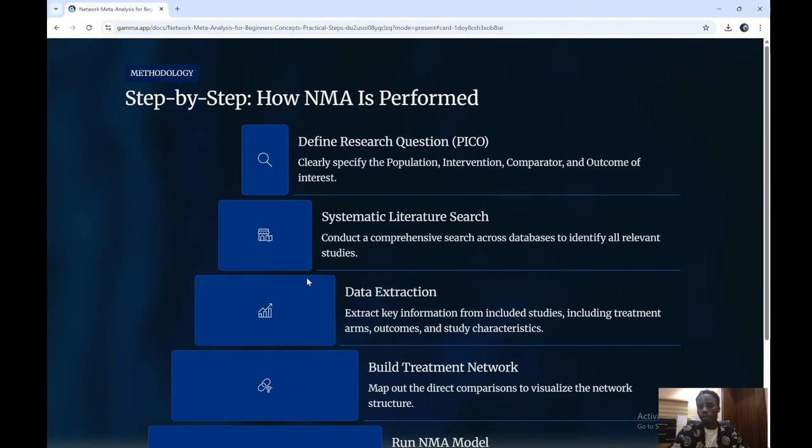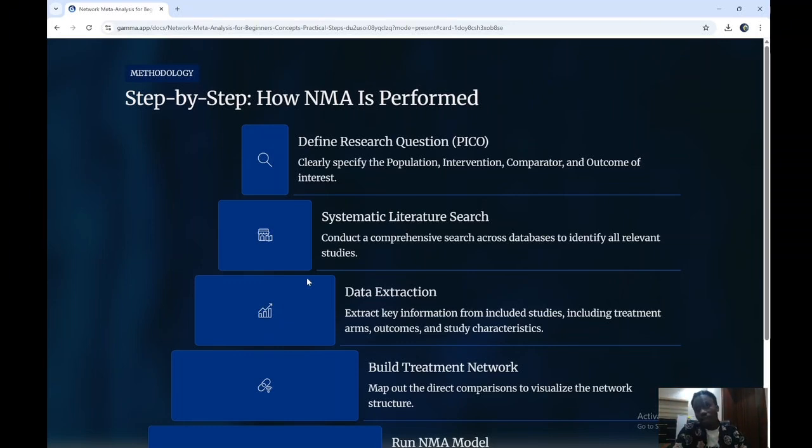What does the PICO model do? You have your population, your intervention, your comparator, and your outcome. So we clearly specify the population, intervention, comparator, and outcome, because these parameters are very important when we are entering our data.